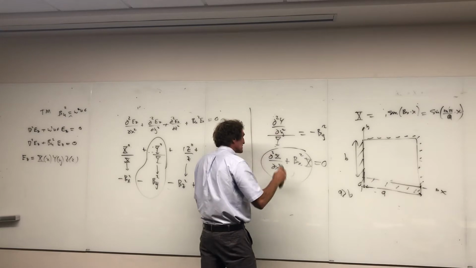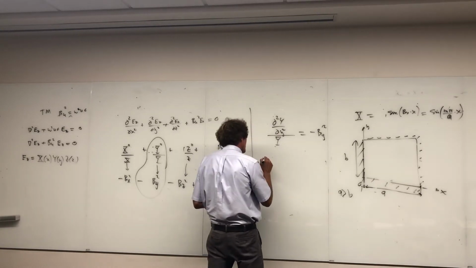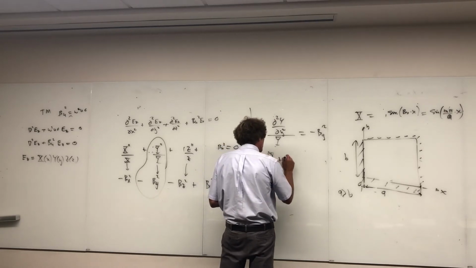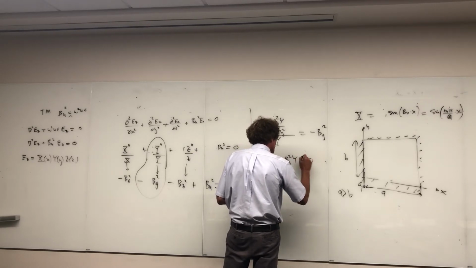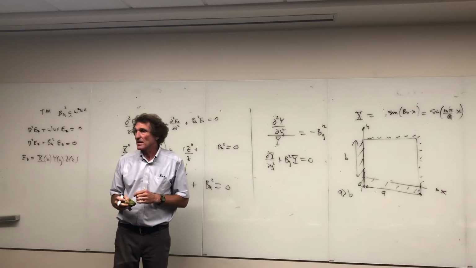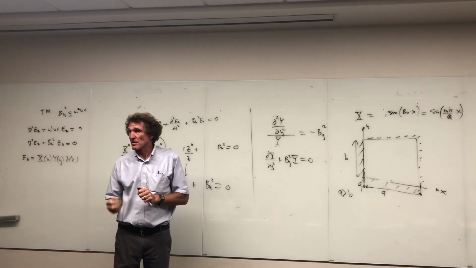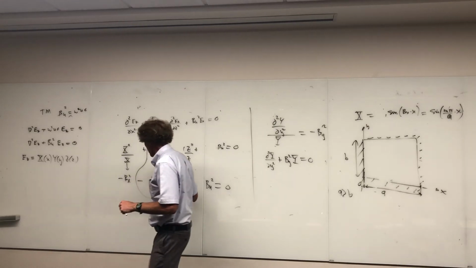And that means this equation is now going to be the second derivative of the functional form of y with respect to y squared plus beta y squared times y equals 0. With me? I've virtually just changed the symbol, right? X becomes y and that's it.